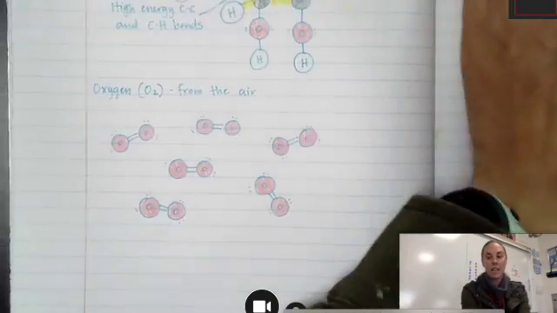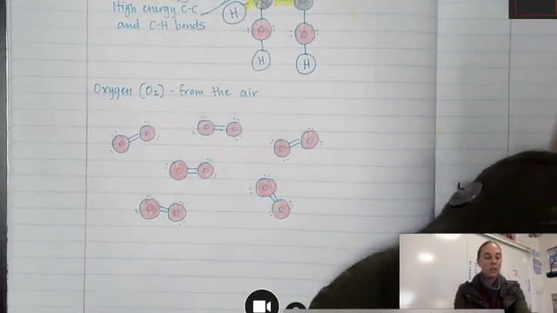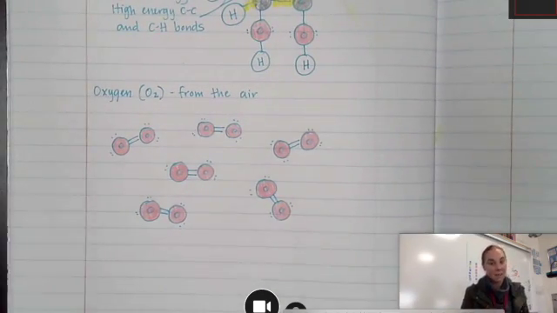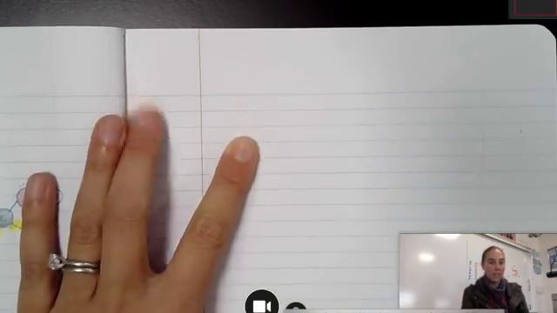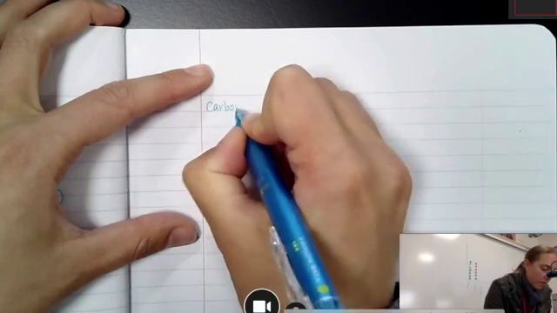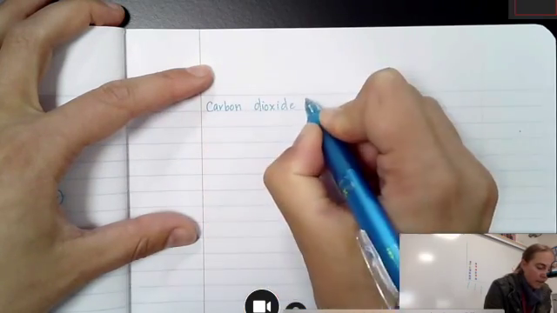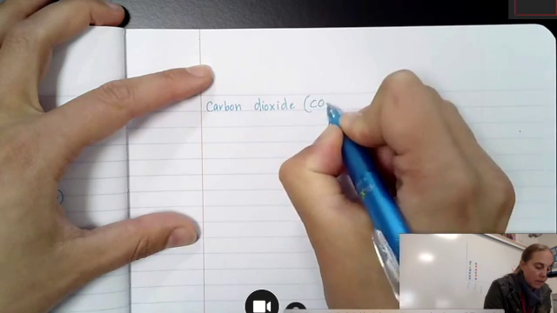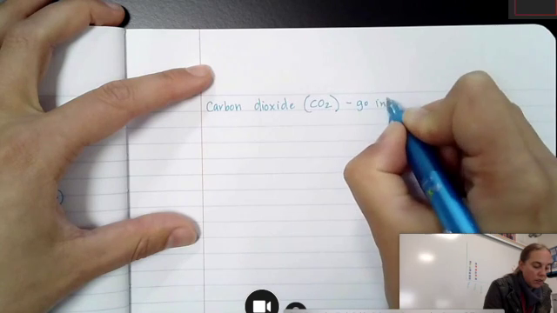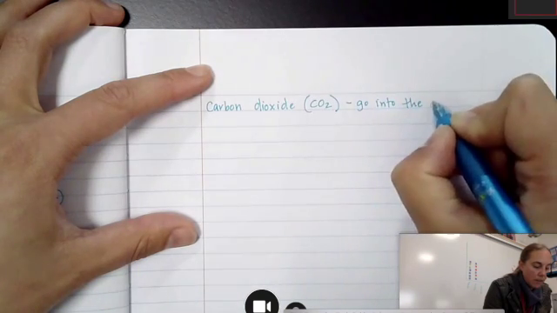Well, these oxygen and the glucose are going to get rearranged. And what are they going to get rearranged into, you might say? Well, I think we know this already. Some of it is going to be carbon dioxide. So I'm actually going to move all the way to the other page here, and we're going to put our carbon dioxide here. Carbon dioxide is CO2, and it's going to go into the atmosphere.